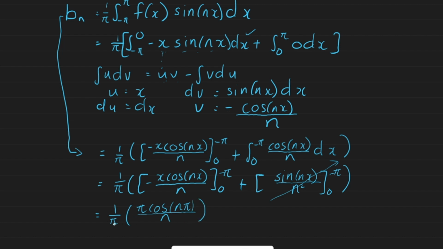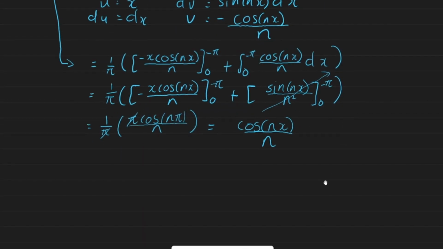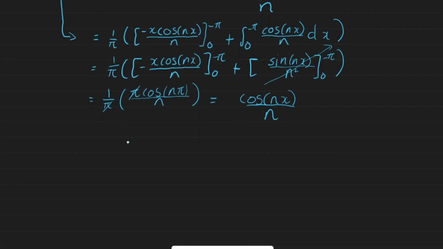So that pi and that pi are going to cancel out. So what we're left with is just cos n pi over n. And now if we substitute in our different values of n, so if n is odd or n is even, let's just say now that n is odd.